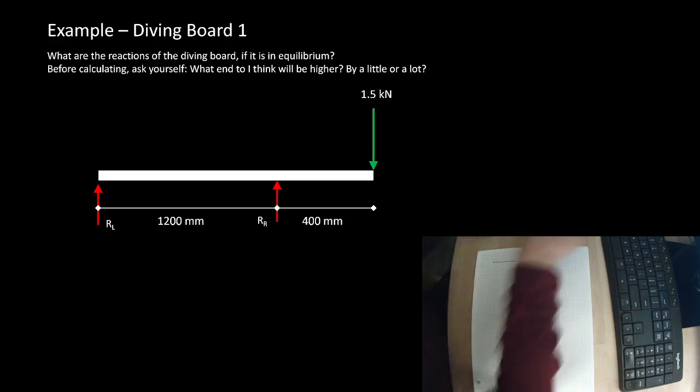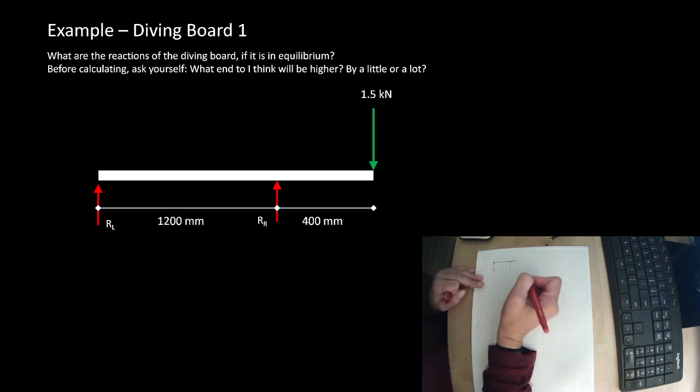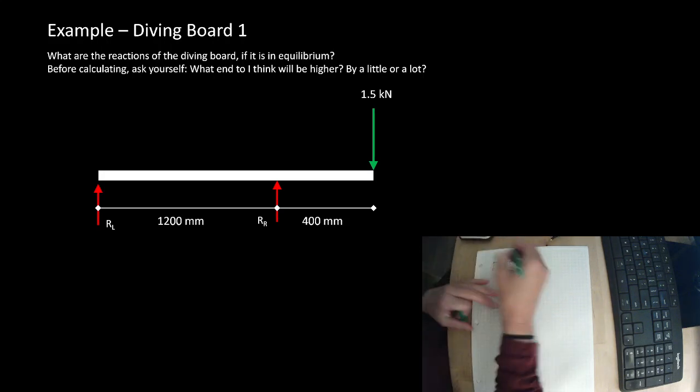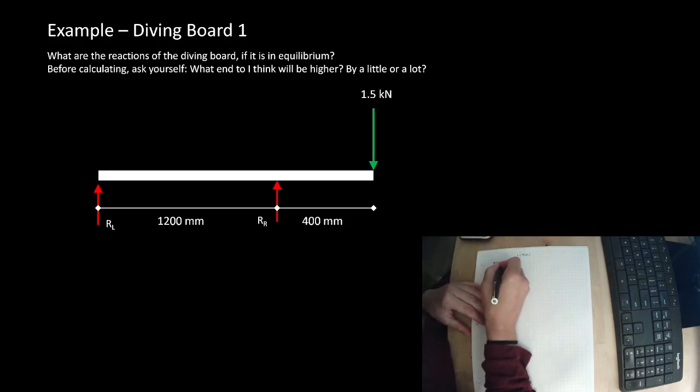All right, so we have RL, right here. All right, and this is RR, and we have a load right out here of 1.5 kilonewtons, and they have told us the dimensions are 1.2 meters and 0.4 meters.